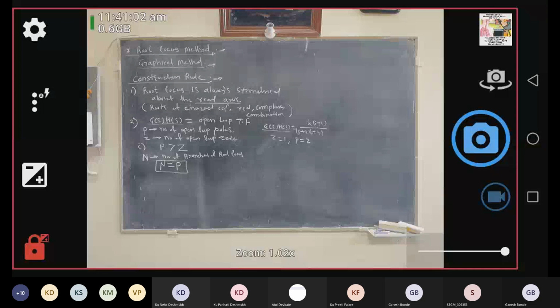The point at which your root locus starts always corresponds to K equal to 0.